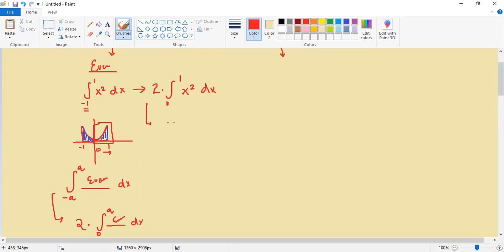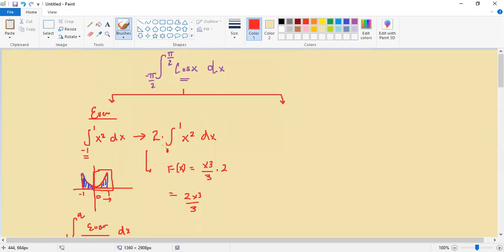dx, which of course we would then find capital F of x, the antiderivative of this, which would be x cubed over 3, and we would multiply that by 2, which would give us 2x cubed over 3.